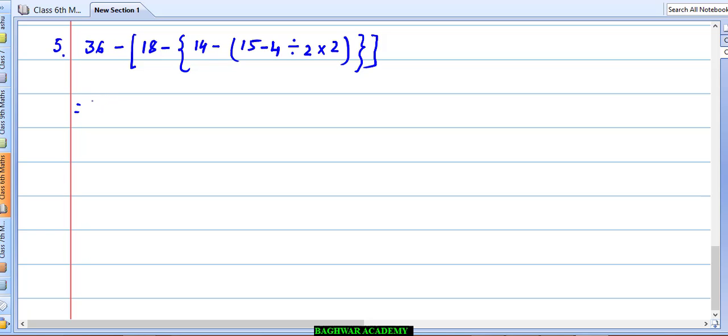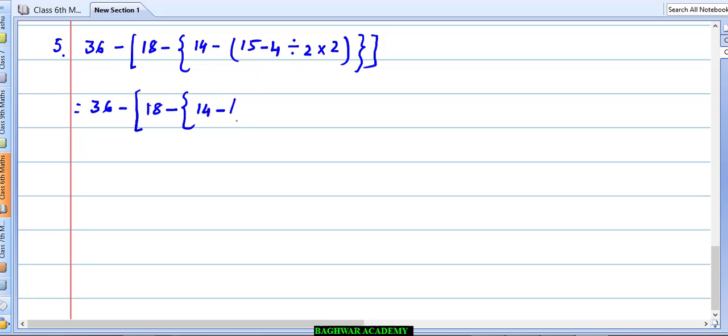Here we have 36. This is required to be just noted down. Minus big bracket 18 minus 14 minus, this portion is required to be solved within the small bracket. What numbers are there? That is required to be simplified.